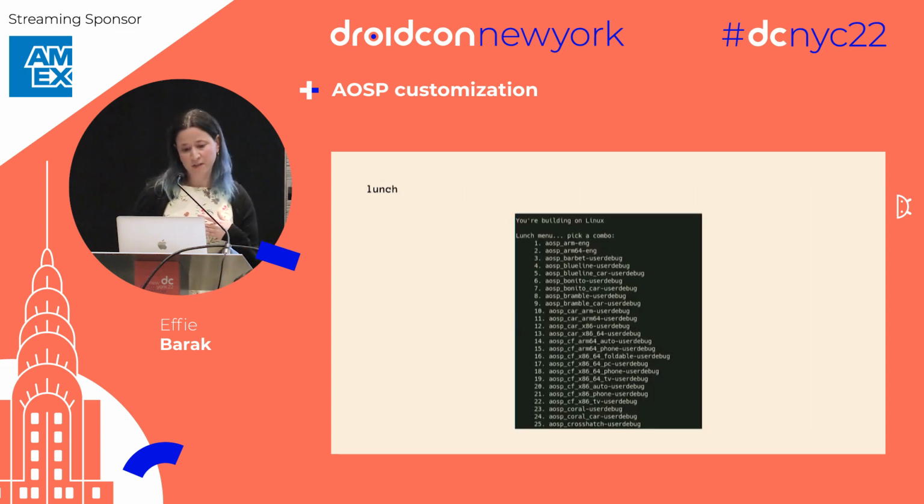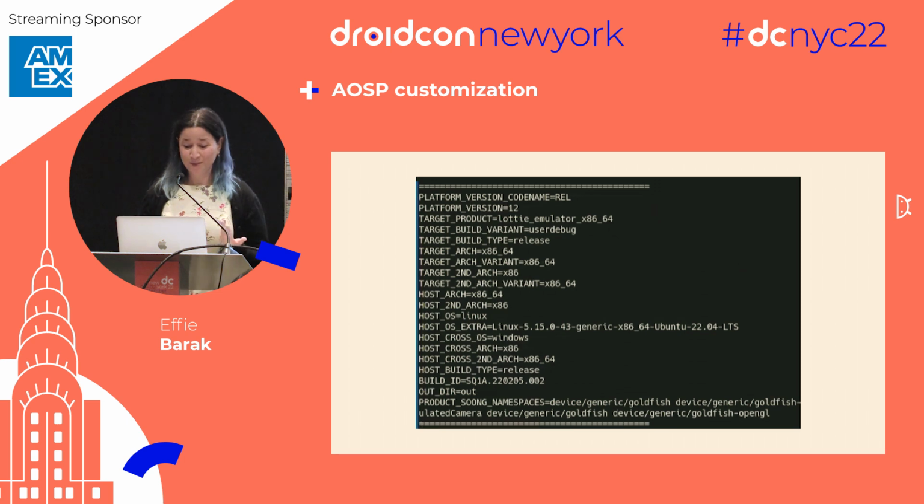And one of the commands that exists in this script is called lunch. And lunch is how to configure the build. We can build for lots and lots of AOSP targets and lots of configurations. And the lunch menu is literally asking us which configuration we want to build AOSP for.